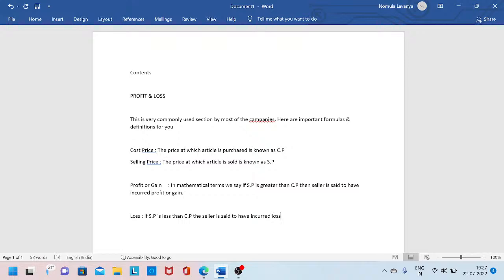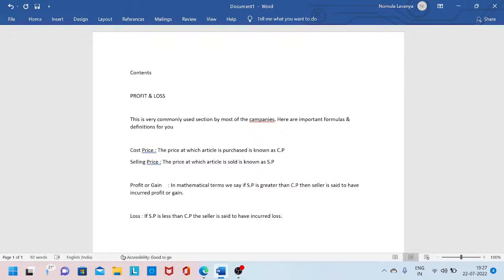Of course that is true, right? If the selling price is less than the cost price, then we automatically get the incurred loss. So this is all about profit and loss.